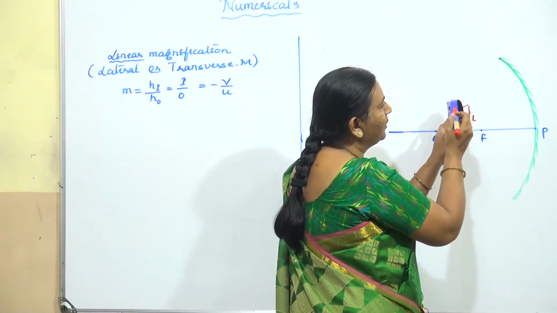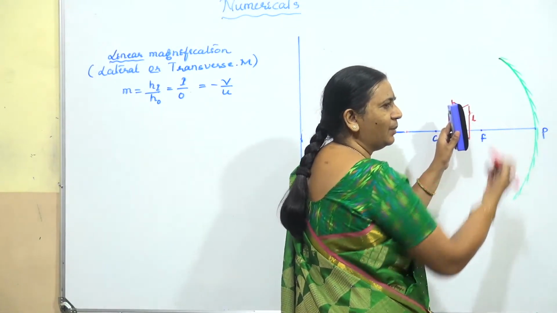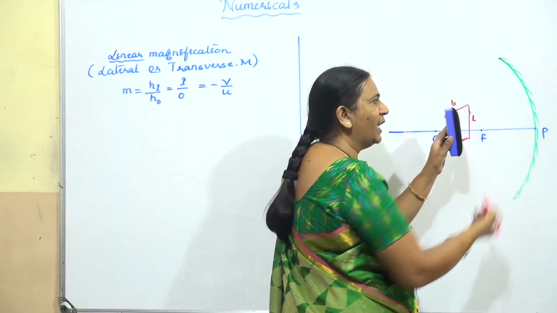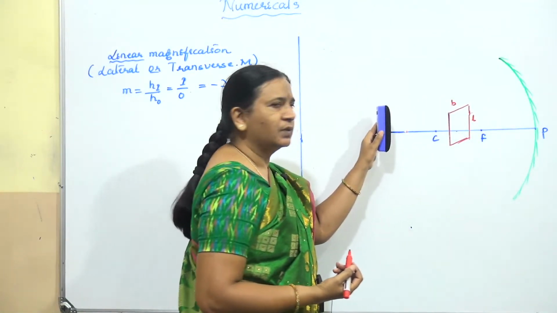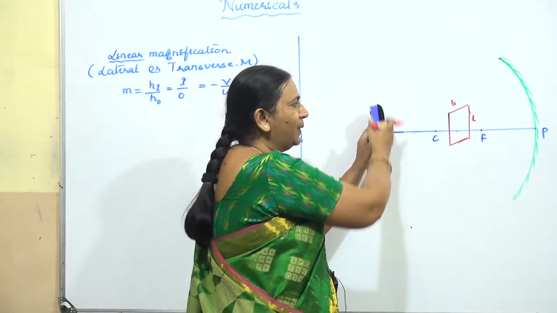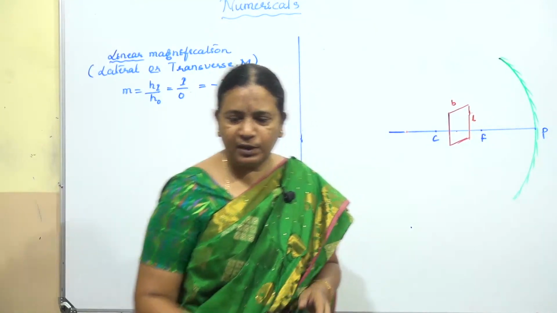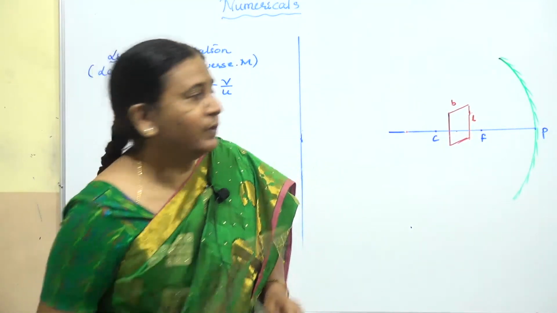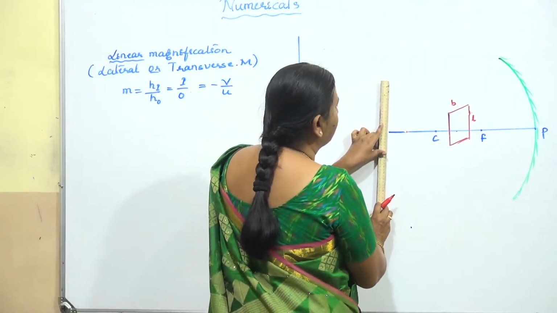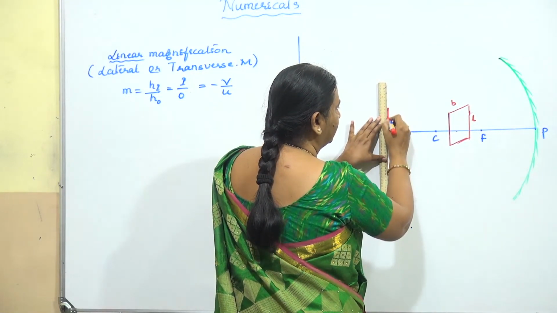Every point of the length, or height, is also at the same distance. Then the whole frame will have its image at the same distance, and once again its plane is facing the mirror aperture. So we are going to get its image, imagine somewhere here, which is going to be magnified.